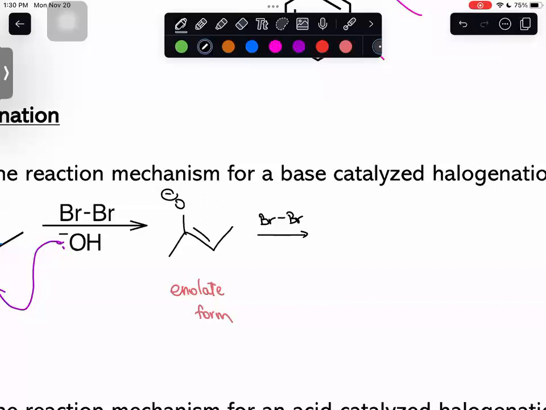So that's a pretty good guess. We know that negatives and positives attract each other. What else? How do we know? One of the acids is supposed to be positive, that will attach to the oxygen. Not quite.